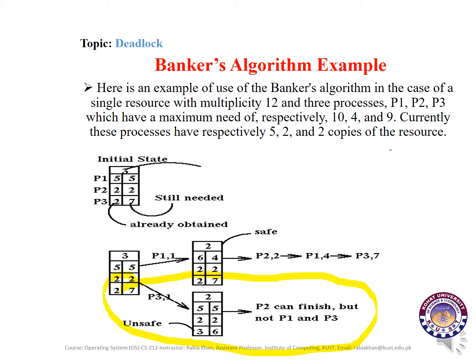If the 2 remaining resources are assigned to P2, whose demand is completed, after utilization it would release 4 resources. But 4 resources are not enough to complete the demands of either P1, who requires a further 5 instances, or P3, who further requires 6 instances.